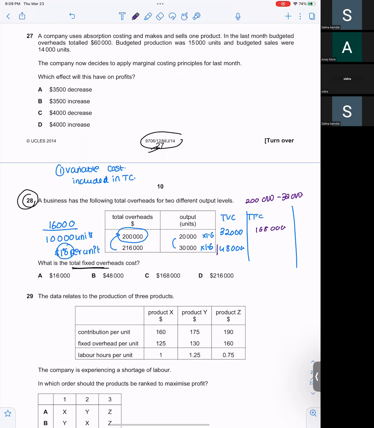Now check in this if your answer is correct. 168 plus 48, how much is it giving? 216. That means your answer is correct. So what is your answer option? C.